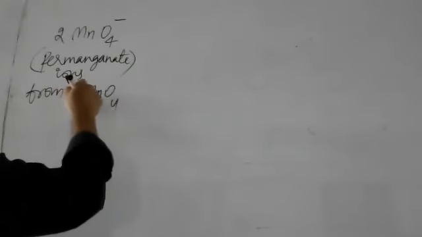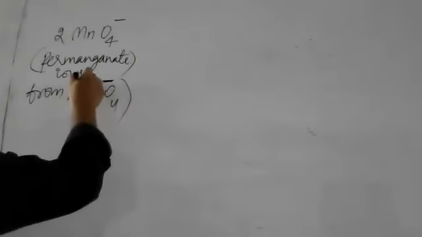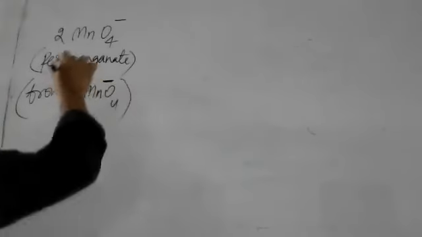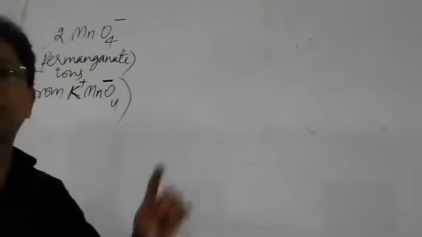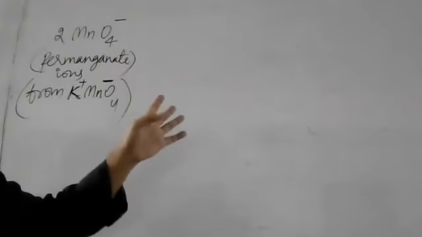The MnO4 minus ion is taken from KMnO4, keep that point in mind. Here K plus is there, MnO4 minus is there. So from this molecule we have taken MnO4 minus. How many moles of MnO4 minus? 2 moles of MnO4 minus are taken here, right?